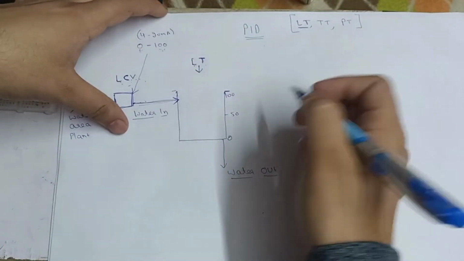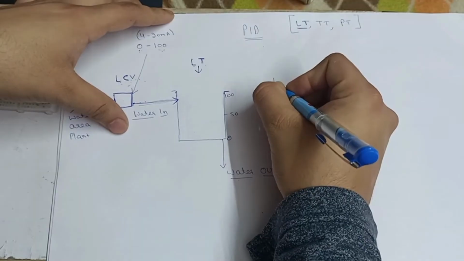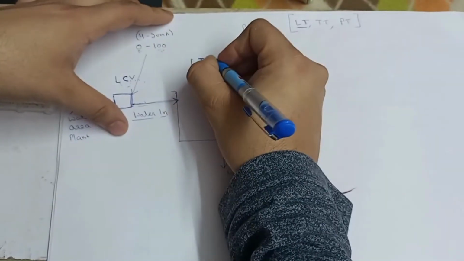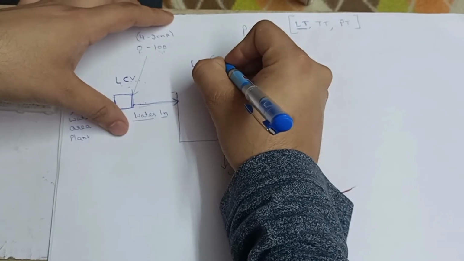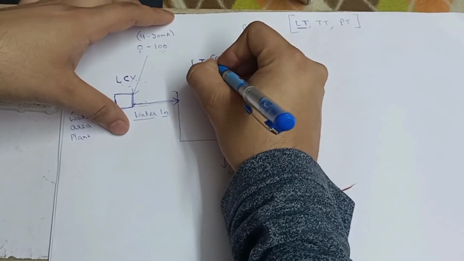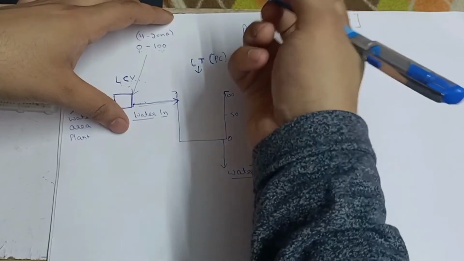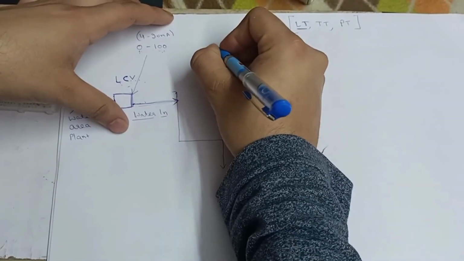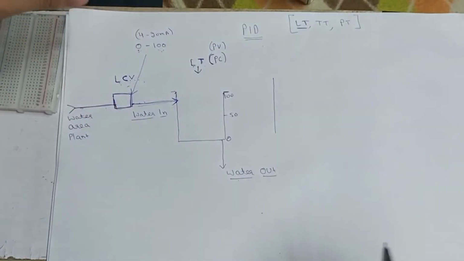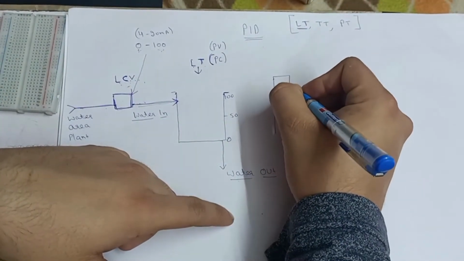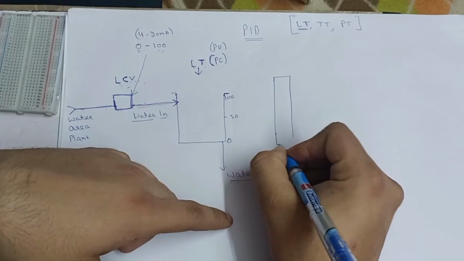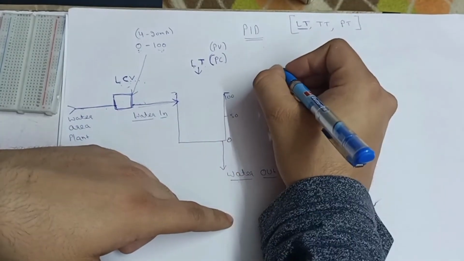Now the main important thing is this LT, or we can say process control, PC, or also process value, PV. We need to control a valve as per requirement. Now we can say set point.